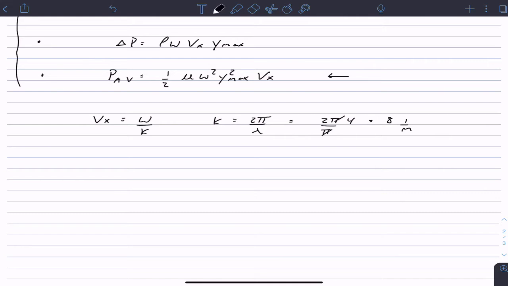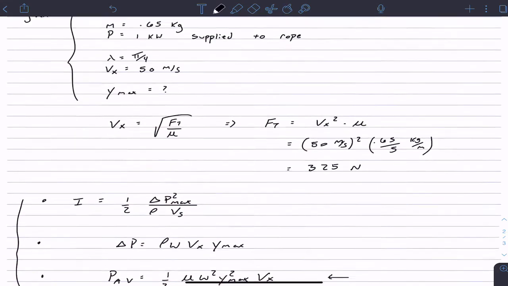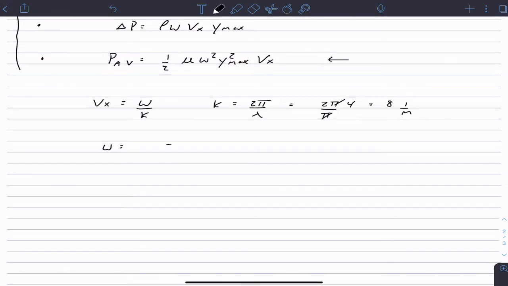Okay, so I mean, then we can say omega is equal to, what is it? It's 50 meters per second. Right, so all I'm doing here, let me be more explicit. So all I'm doing here is I'm taking this to the other side and solving for omega.